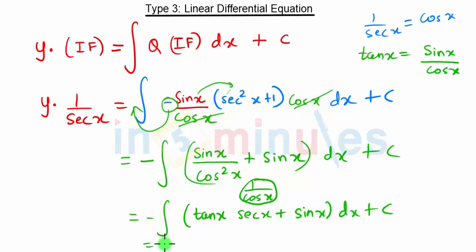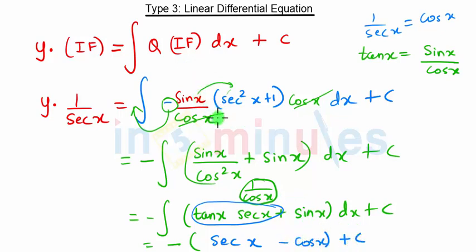Now if we integrate this, what is integration of tan x into sec x? Integration of tan x into sec x is nothing but sec x. And what is integration of sin x? Integration of sin x is nothing but minus cos x plus c. That is how we make modifications in our equation, so that the integration of tan x into sec x is nothing but sec x.